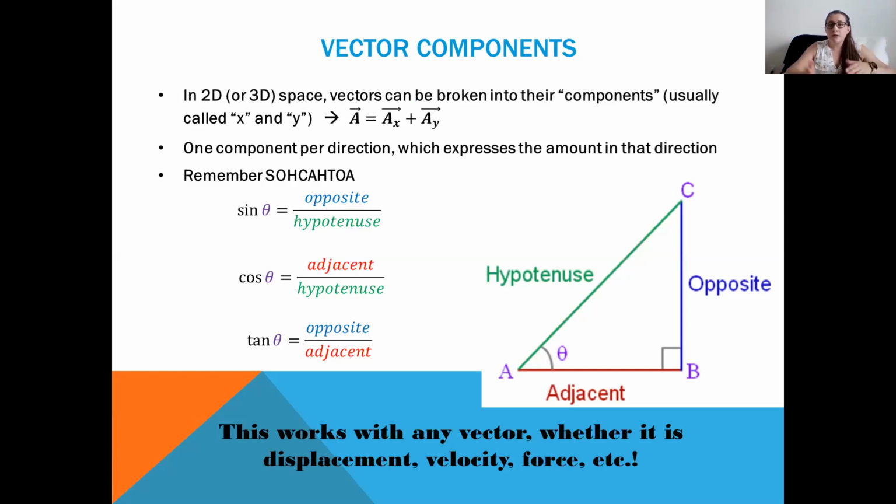So when we make a graph, we have the y-axis and the x-axis, and anything that's along this horizontal direction we call the x component, and anything along this vertical axis we call the y component, to just match those Cartesian coordinates. So there's one component per direction, which expresses how far it's going or how much of the vector is in that particular direction.